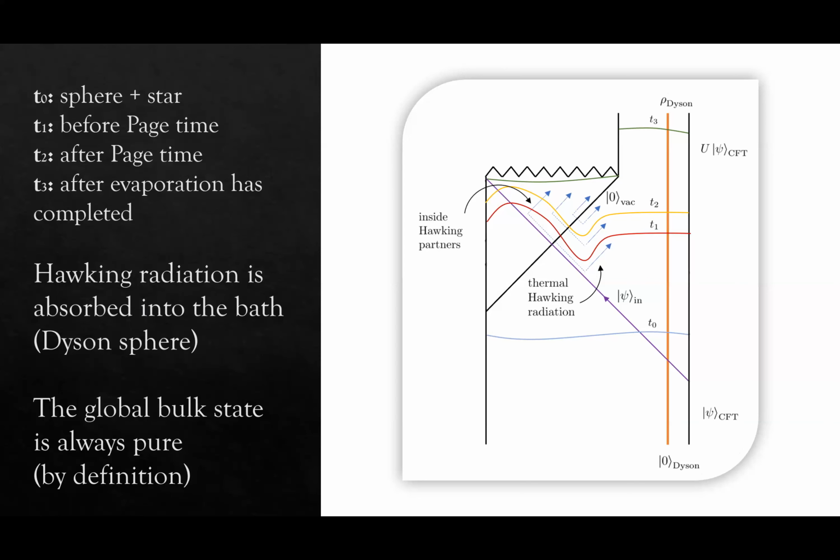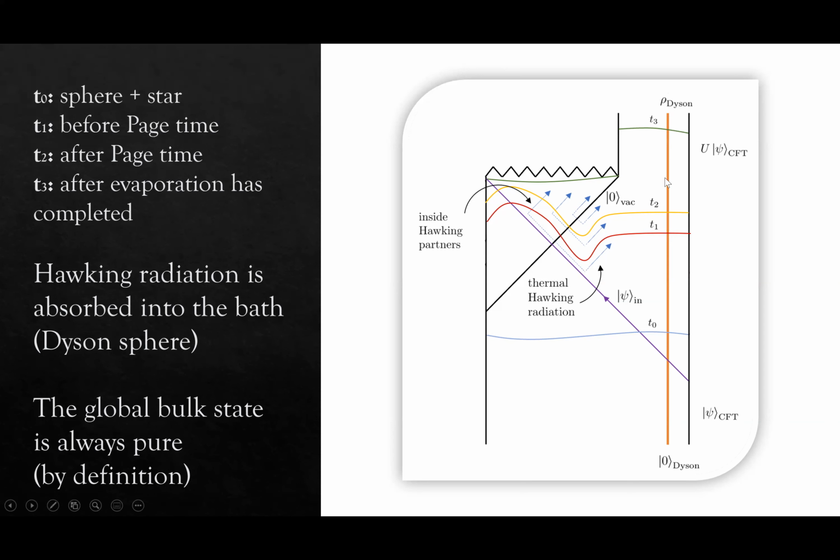Okay. Can you also elaborate on the point, Hawking radiation is absorbed into the bath? Like how do you represent it? Sorry, the microphone was far away. Can you expand, please, on Hawking radiation is absorbed into the bath? Okay, so we can basically consider this Dyson sphere.